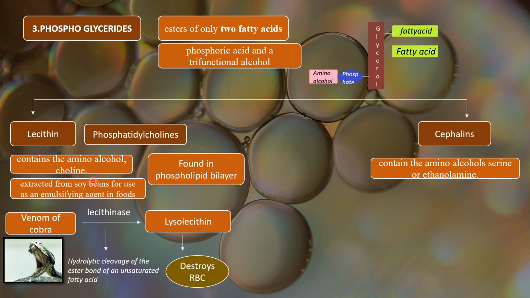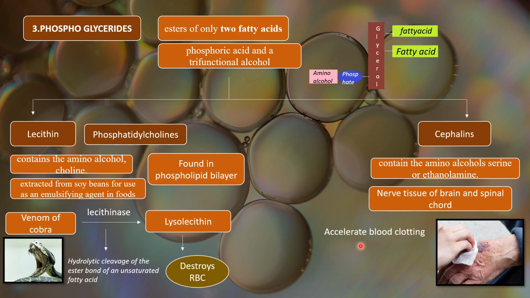In lecithin it was choline, in cephalins it is serine or ethanolamine. Cephalins are present in the nerve tissue of the brain and spinal cord, and they help in accelerating blood clotting.